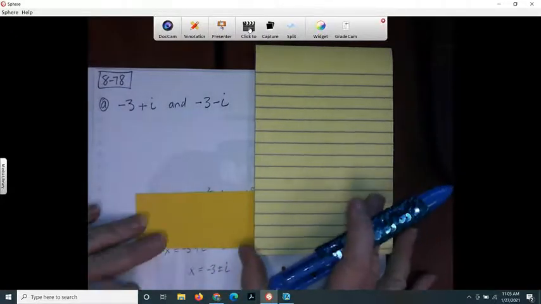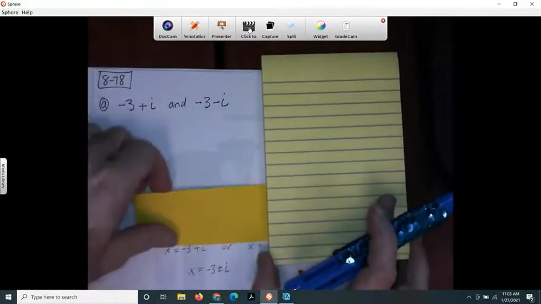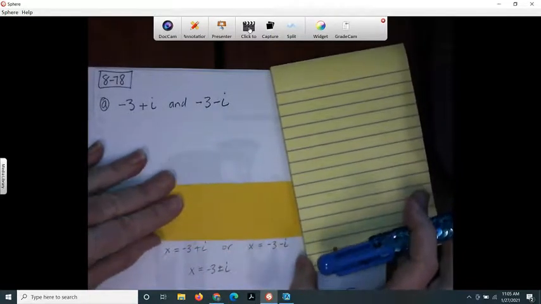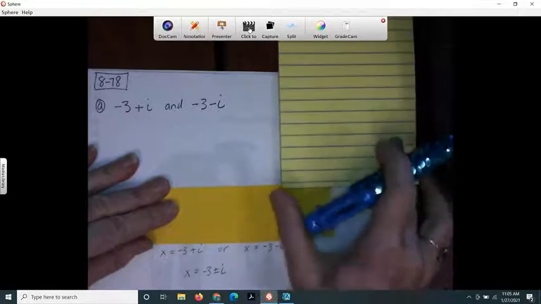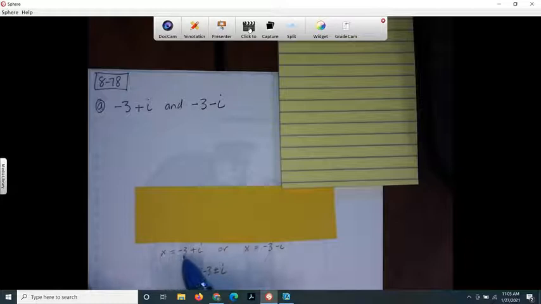Now we're going to work backwards, and let's pretend we're factoring or something. If x is -3 plus or minus i, then I can write that as x equals -3 plus i, or x equals -3 minus i.